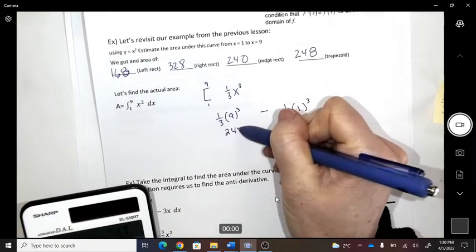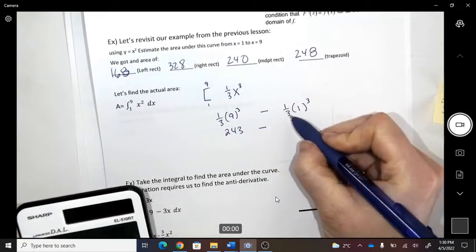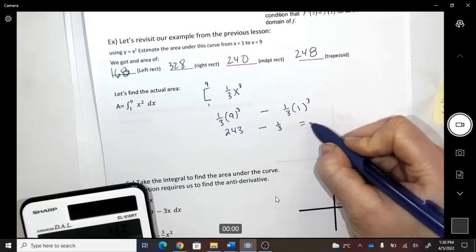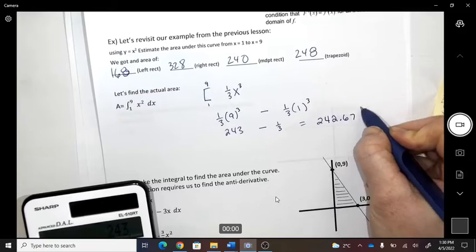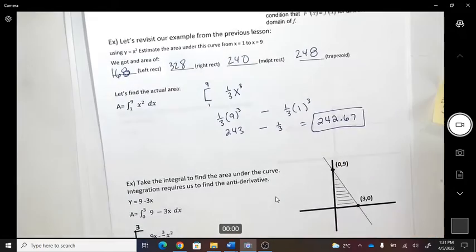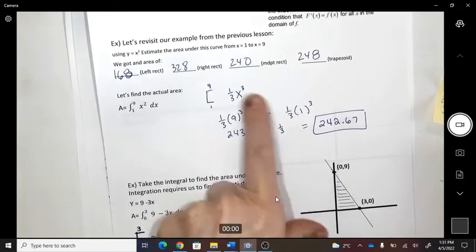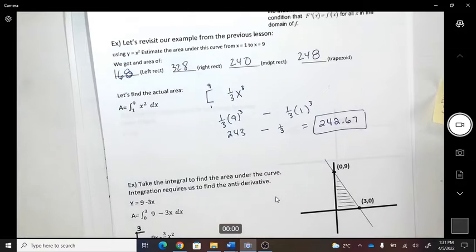So this is 243, subtract 1/3. So that's the actual area. You can see when we did our estimation, our midpoint and our trapezoid were pretty close estimates.